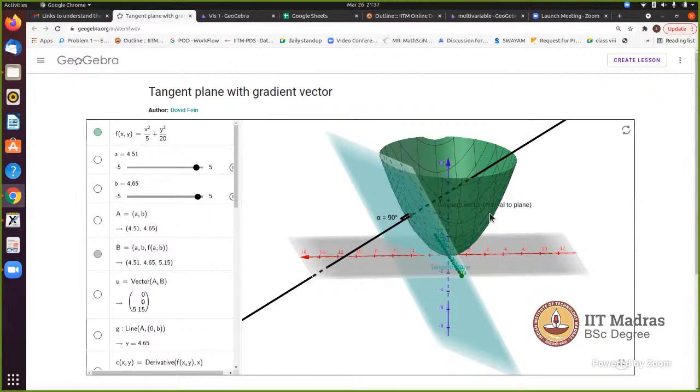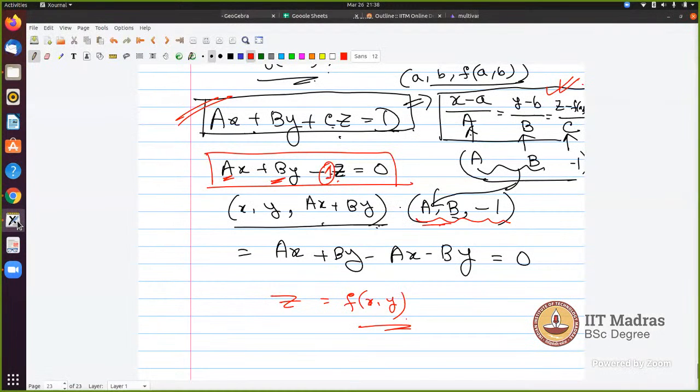But how can a line be a gradient vector? A vector is a point, right? So a line cannot be a gradient vector. Now it's clear.